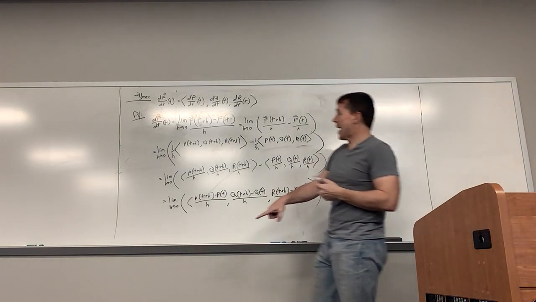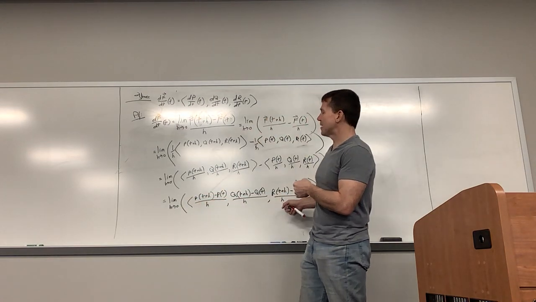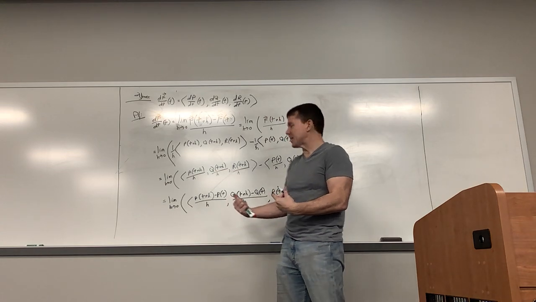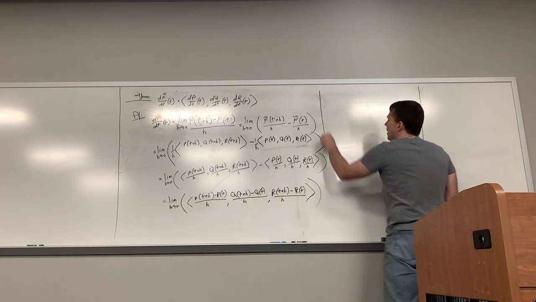But now, I know to take the limit of this vector valued function, I just bring the limit into each of the component functions. We already said that. So then I'm going to run out of room.